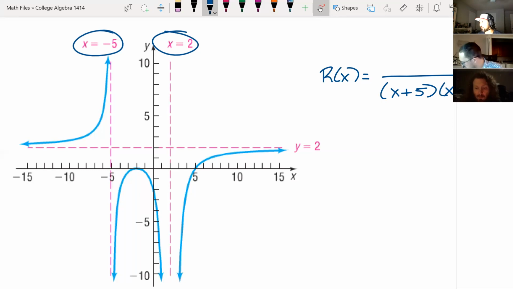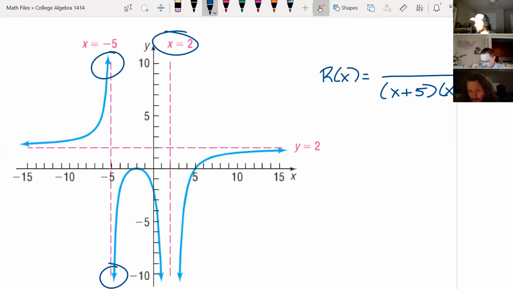All right, cool. We're almost done with the vertical asymptotes. Now we want to look at the end behavior of the graph at your vertical asymptotes. Remember, we want to know about the multiplicity. Look at -5. One tail goes to infinity, and the other tail goes to -infinity.